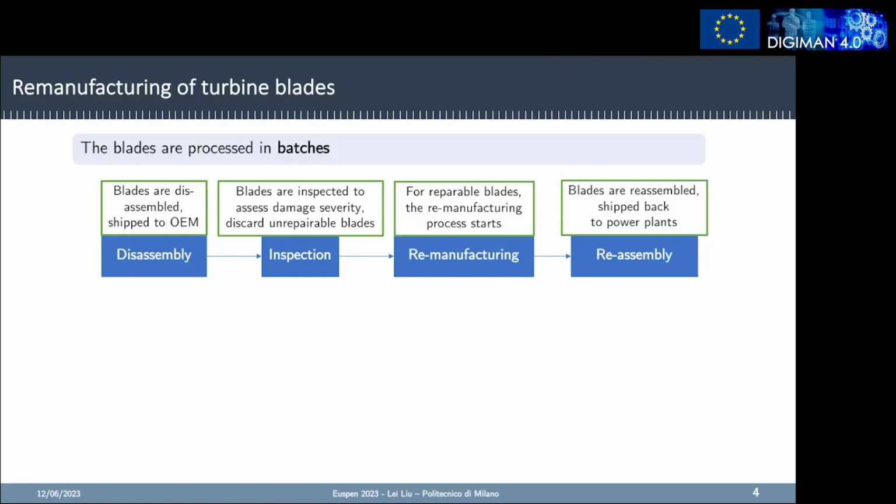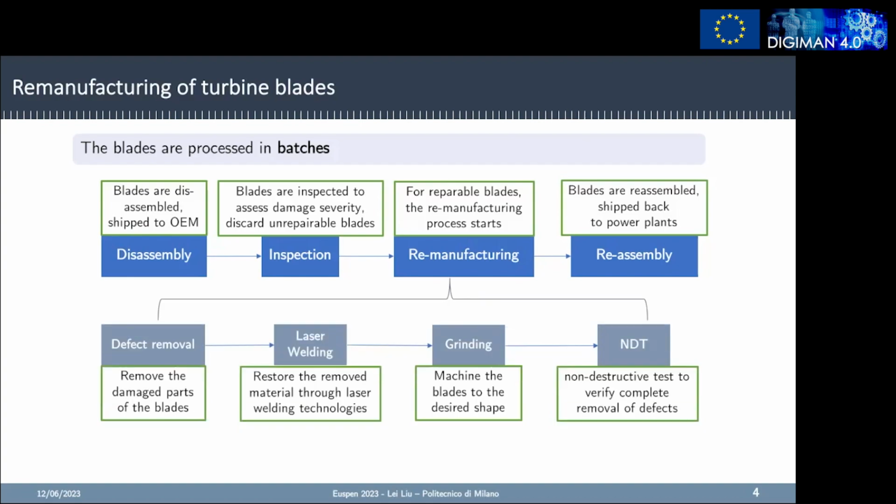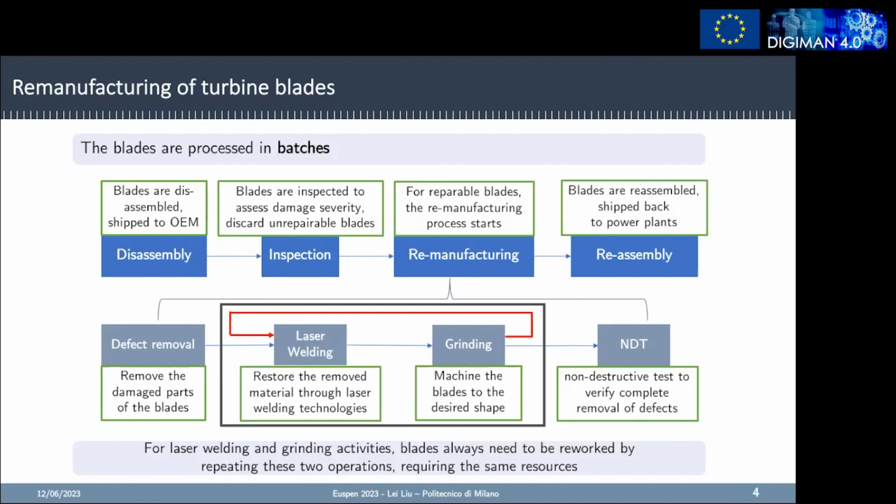In this project, we focus mainly on the remanufacturing part, and I listed several key activities of this process, such as defect removal, laser welding, grinding, and non-destructive testing. Specifically, for the laser welding and grinding activities, blades quite often need to be reworked by repeating these two operations, requiring the same resources.